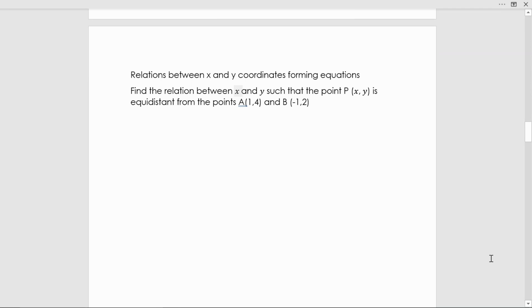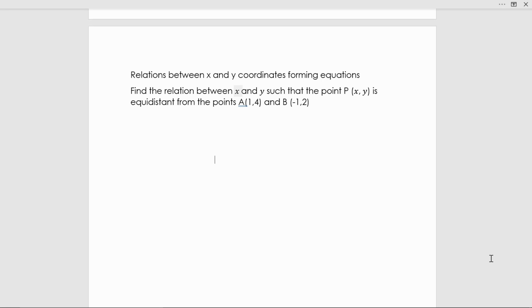So now we are coming to point number 3, where we'll try to find the relation between x and y coordinates by forming an equation. Again, to do that we need to carefully read the problem, and from the problem itself we can get a clear idea how to frame the equations using the x and y coordinates of different points.